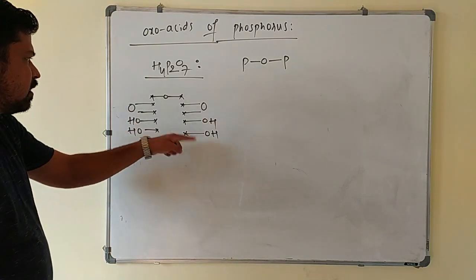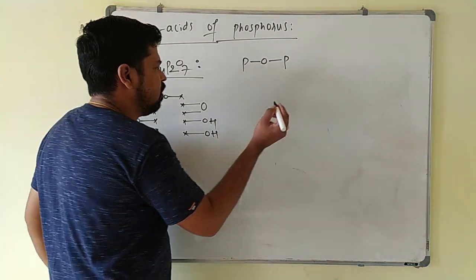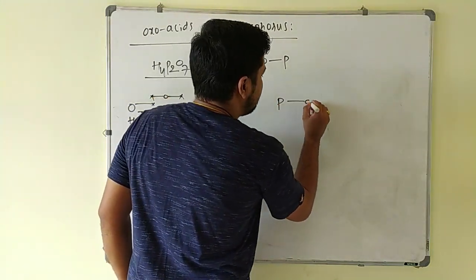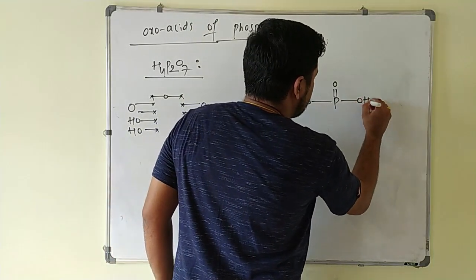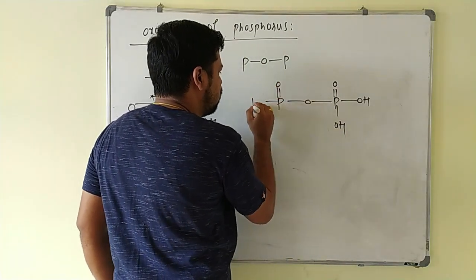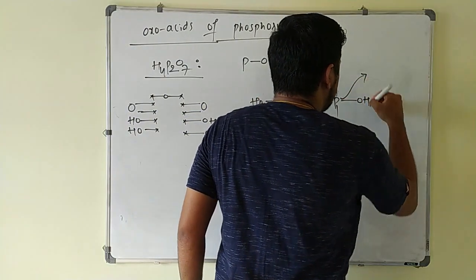So the total 7 oxygens and 4 hydrogens, 2 phosphorus atoms. This is the structure of pyrophosphoric acid: 2 phosphorus connected by an oxygen, double bond O, OH, OH, and this is a double bond O, and OH, and this also OH.